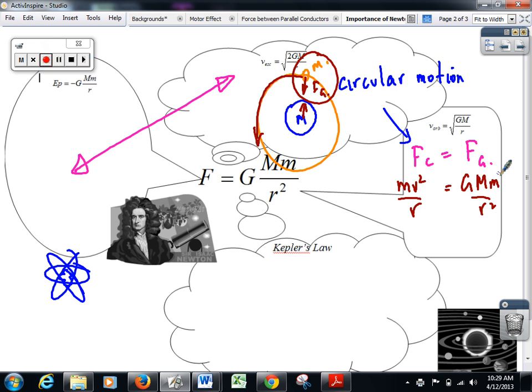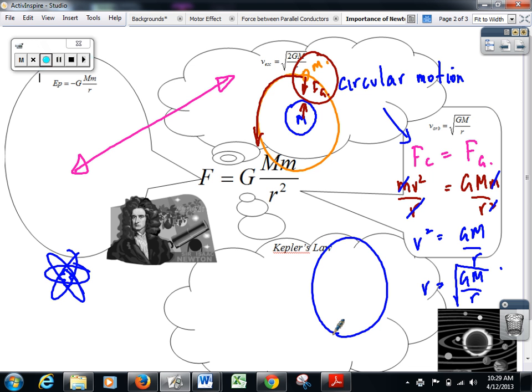So we can cancel the m's, we can cancel one value of the R, and we get v squared equals GM on R, or v equals the square root of GM on R. And so this gives us our understanding of the minimum value for velocity for an orbit to occur. And we know that this would give us a circular orbit. So at this exact orbital velocity, we would have a circular orbit.